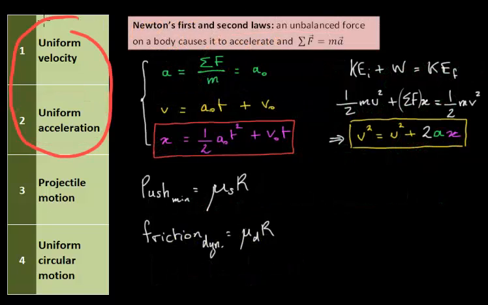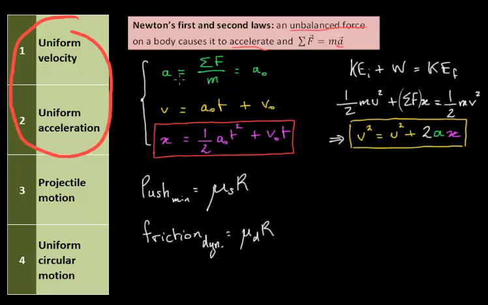And now for a summary of everything we learned in this video about uniform velocity and uniform acceleration. We could start again by stating Newton's first two laws, which say that as long as the forces are balanced, the body continues being at rest or moving at constant speed, and as soon as I have an unbalanced force, this unbalanced force causes the body to accelerate, and I can express the acceleration as this unbalanced force divided by m.